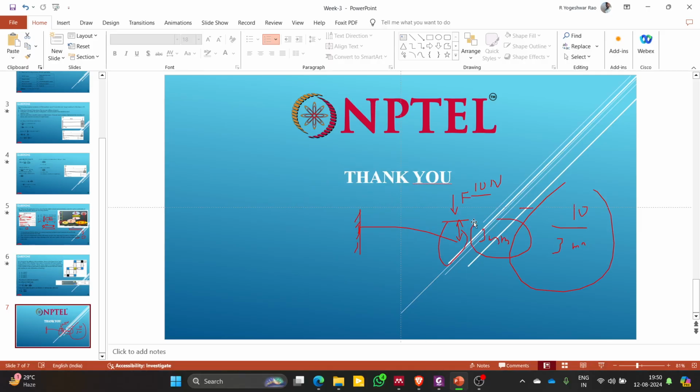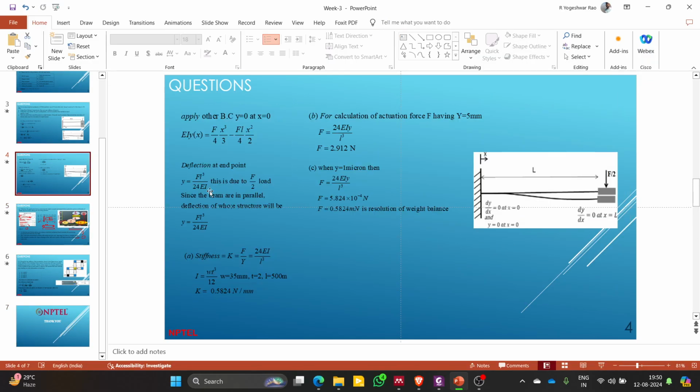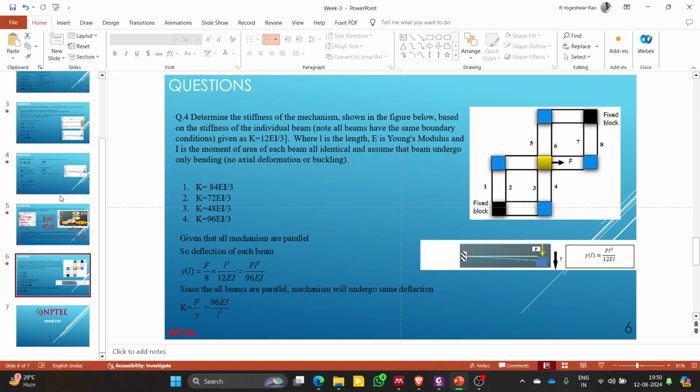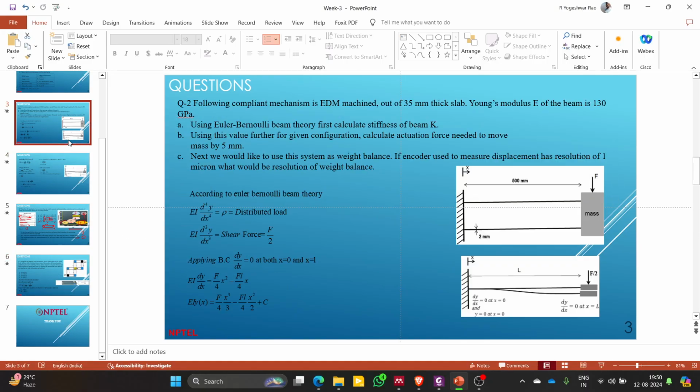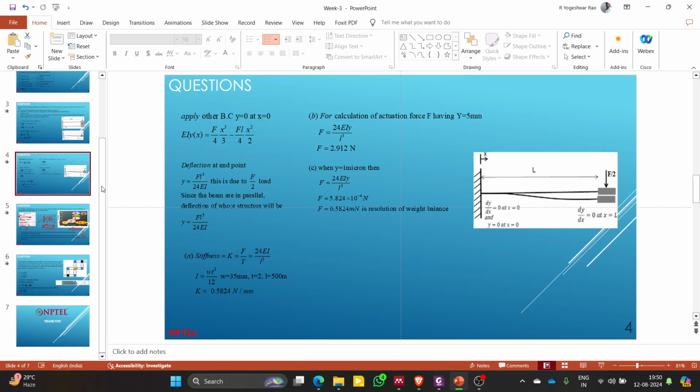This is how you calculate the stiffness here. I will share the slides where I've calculated it. You can see that the stiffness is F by Y. You know the force, you calculate the deflection, and you will get the stiffness.